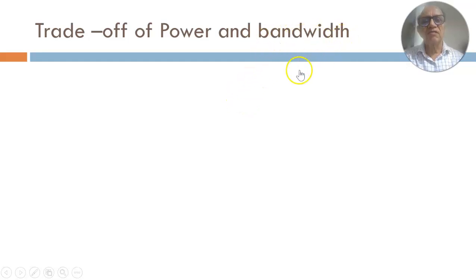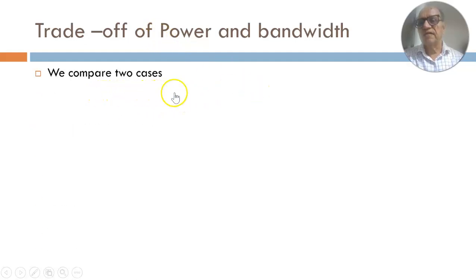Or another resource is bandwidth. By employing larger bandwidth, it will be possible for you to reduce the power. So this is called the trade-off of power and bandwidth. So what we are going to do is to compare binary and quaternary signaling and see how this trade-off works.